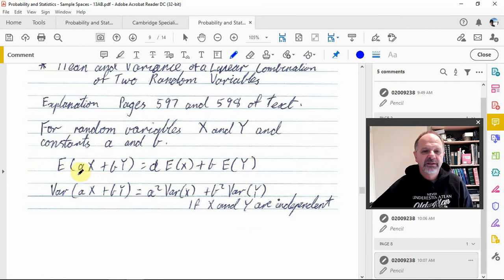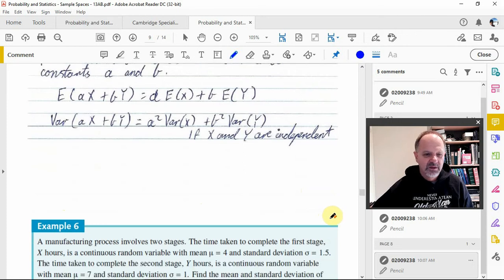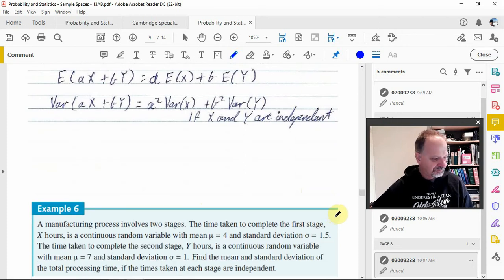The expected value of ax plus by is related to the individual expectation values by that relationship. And the variance is also related by that relationship, provided x and y are independent. So that means that they don't affect each other. All right, let's have a look.